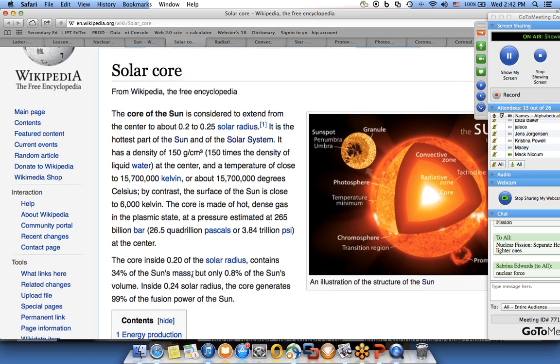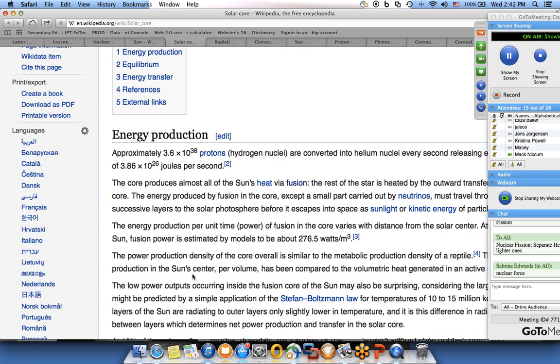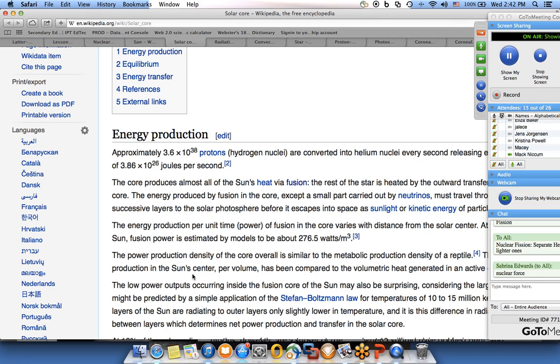The article here at the solar core says that 3.6 times 10 to the 38 protons, of hydrogen nuclei, are converting into helium every second.